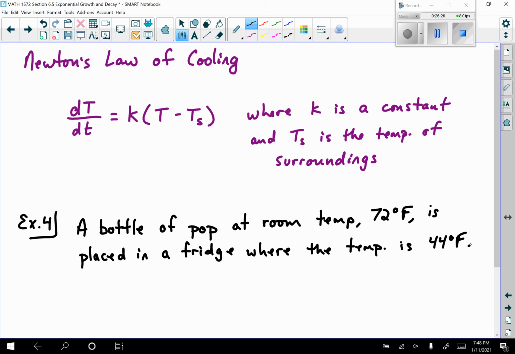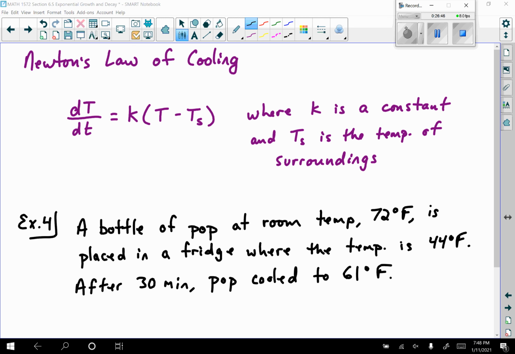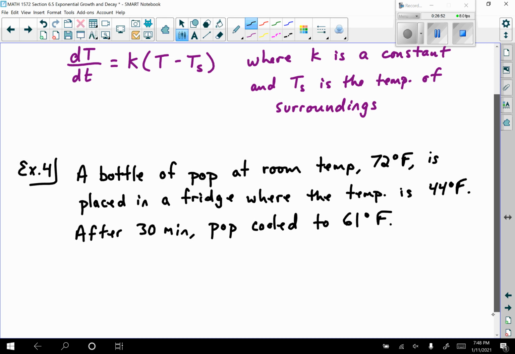After 30 minutes, the pop cooled to 61°F. All right, we're going to be asked to find an expression for the temperature of the pop after t minutes.